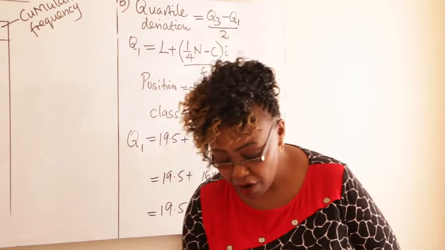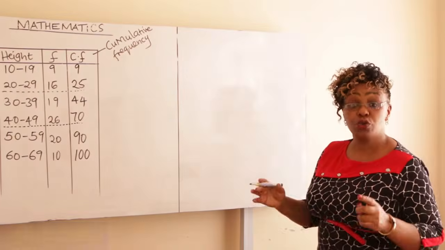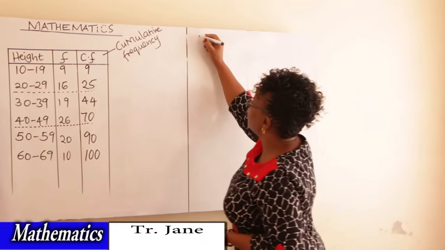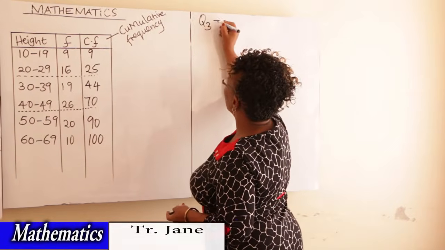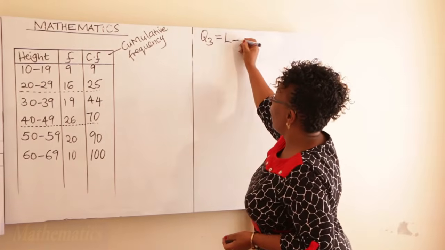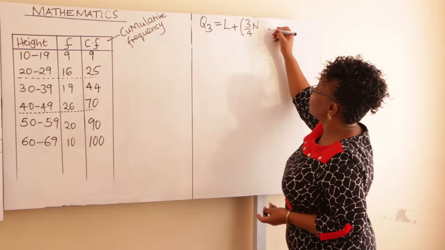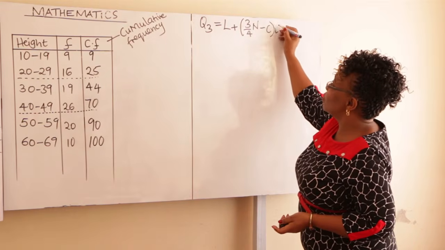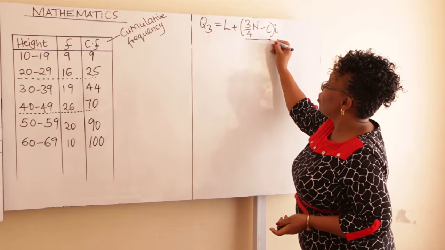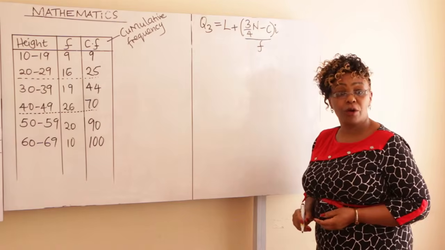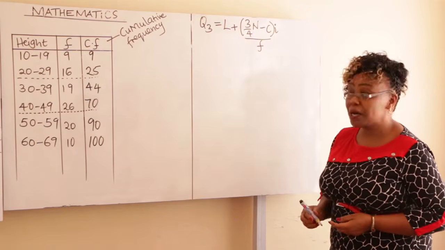Learner, we now go to Q3. How do you find the Q3? Q3, the upper quartile, is got by L plus, remember the formula? 3 over 4n minus C multiplied by I all over F. Okay? Remember that formula.